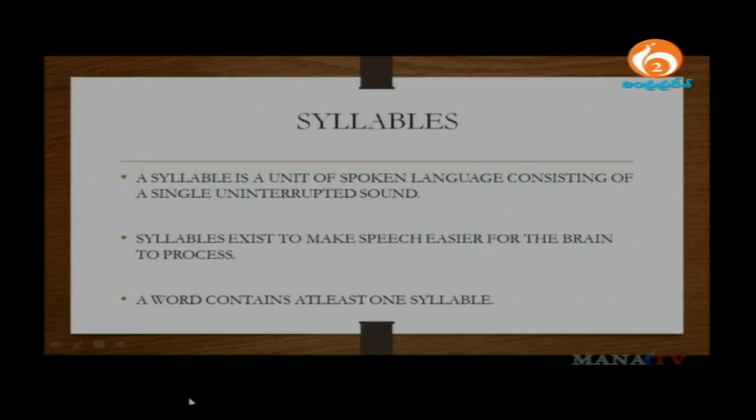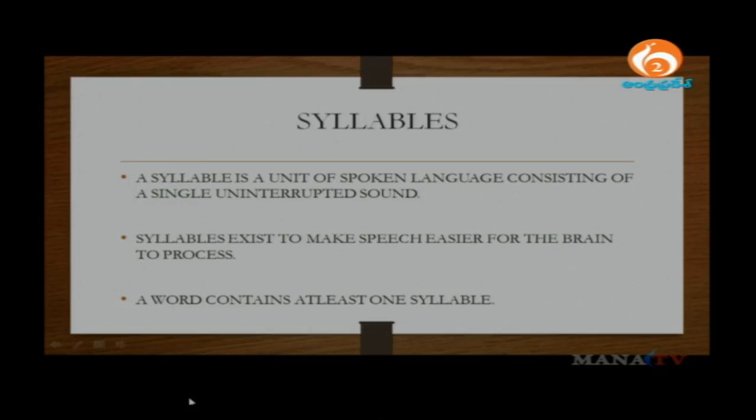Now let us see the last sentence: a word contains at least one syllable. What does that mean? It means every word has at least one syllable, where you can divide the word to pronounce it easily. This is the most important thing to remember after the phonetics. Let us see the next slide.